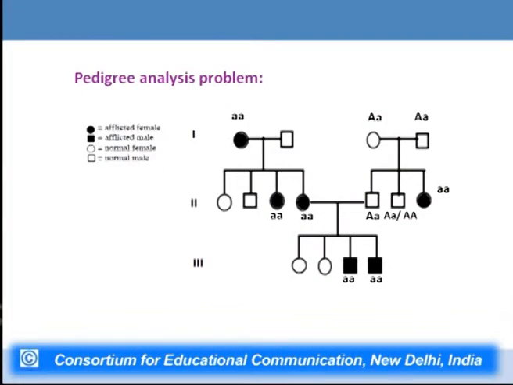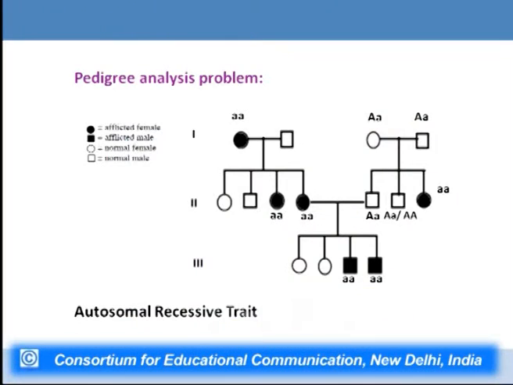But this individual who is married to an affected individual, when he marries this female, it leads to the formation of two sons who are affected, which means that this individual cannot be capital A capital A, which means this individual is a heterozygous individual, capital A and small a. So, all in all, this points towards this pedigree being an autosomal recessive pedigree.